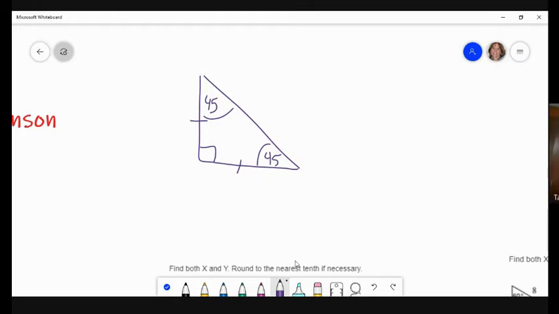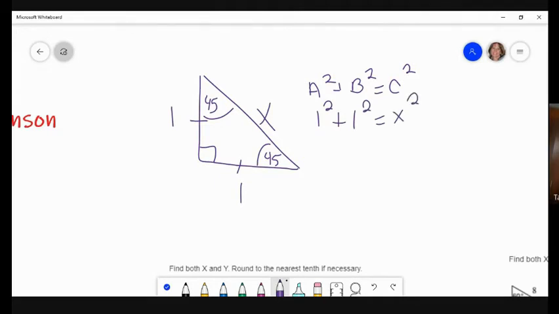Okay. So let's say this is 1 and this is 1. And I want to find my hypotenuse. Okay. Let's use the Pythagorean theorem. So we're just going to set up a squared plus b squared equals c squared. And that's going to be 1 squared plus 1 squared equals x squared.